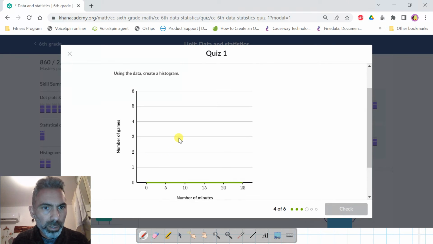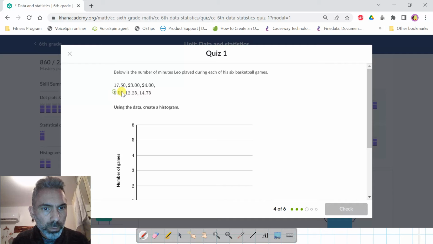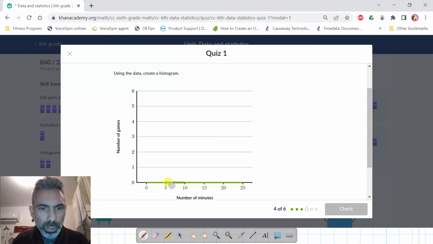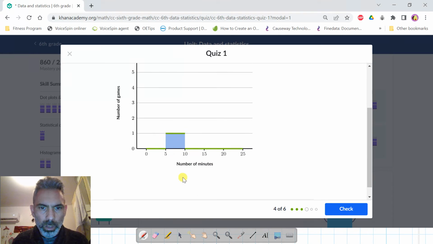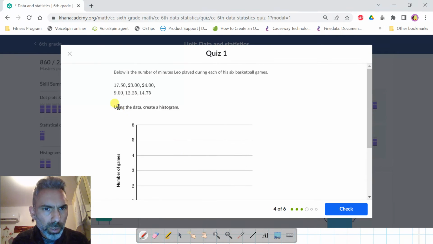Between 5 and 10, we have 9, and that's it. So one match he played between 5 and 10 minutes.